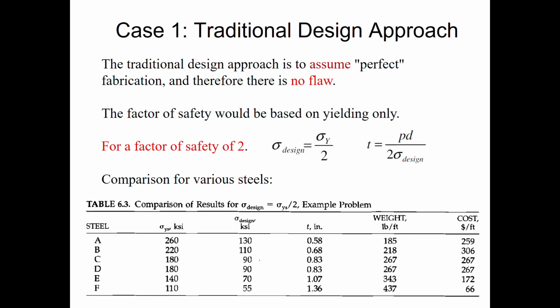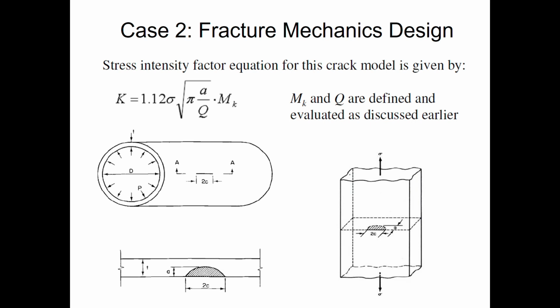So we need to introduce another condition with another parameter, which is MK. MK and Q are defined and evaluated as discussed earlier. You may check that in the previous lecture. So like this one, I have 2C and then A is the crack length here.